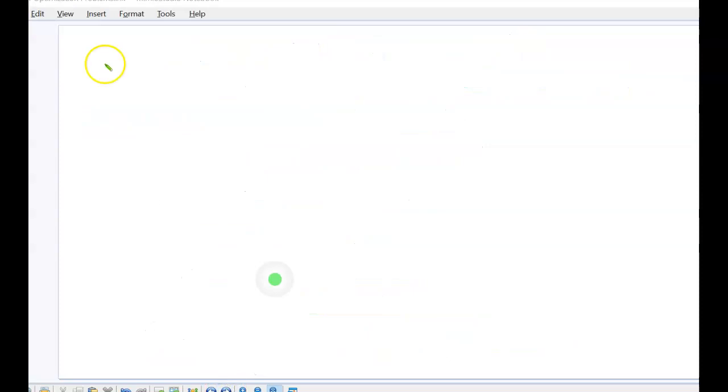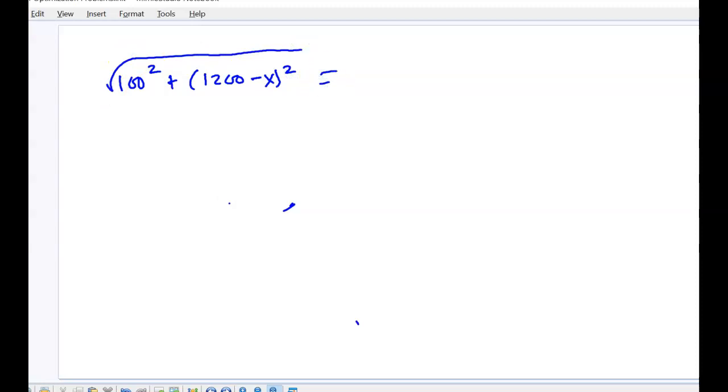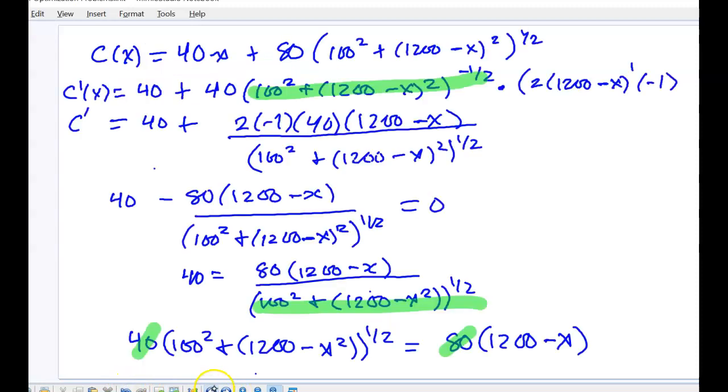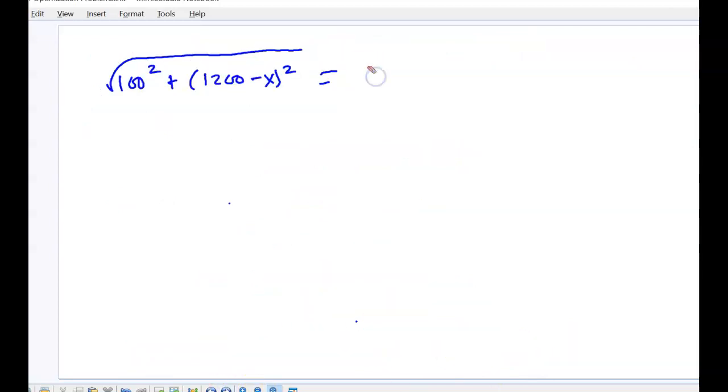I'm going to put it back to a square root because it was raised to the power of 1/2. And that is going to equal 2 times (1200 minus x), because 40 goes into 80 twice.